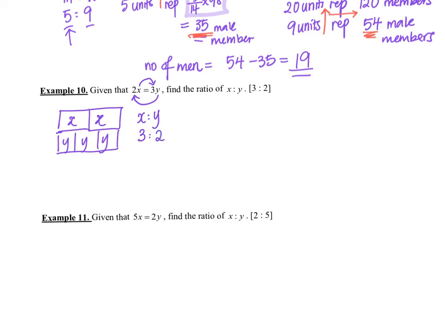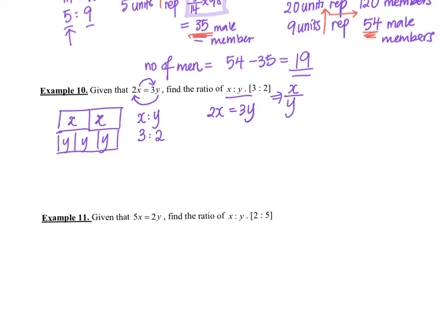Okay, but I can also explain this in terms of algebra method. So 2x is equals to 3y. Let's recall that ratio can be written in the form of a fraction. So if I want to have 2x to be equals to 3y and I want to find the ratio of x is to y, that means I'm actually looking for the ratio x over y.